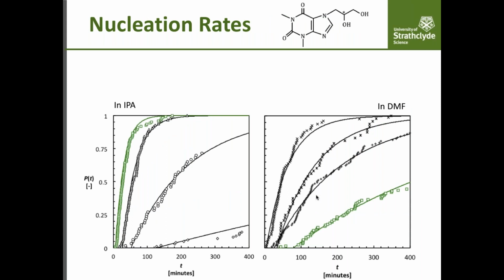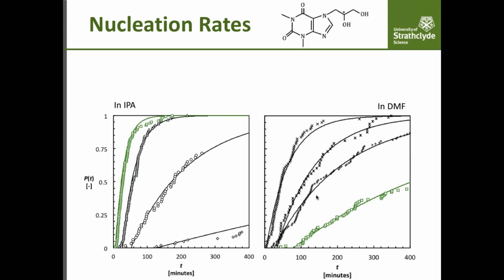To give one example, here are the probability distributions of dipropylene in IPA and DMF, 2 solvents, and the probabilities in the graphs are given with the same axis for comparison, and the green points are points done under the same supersaturation.